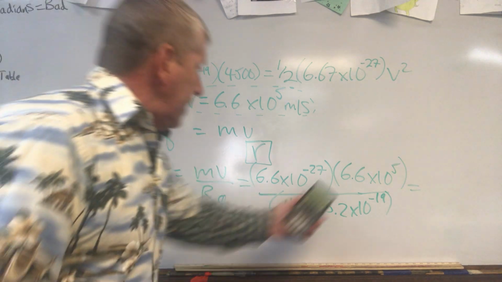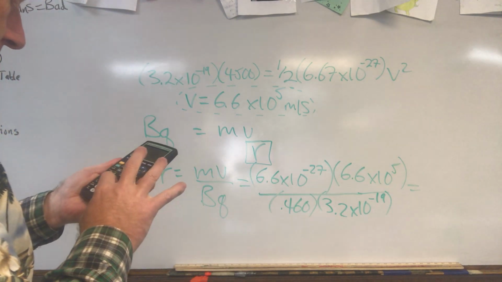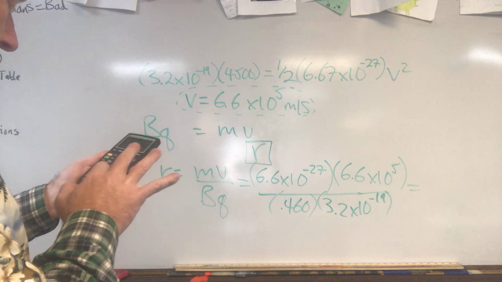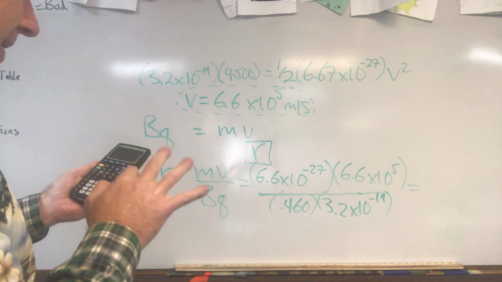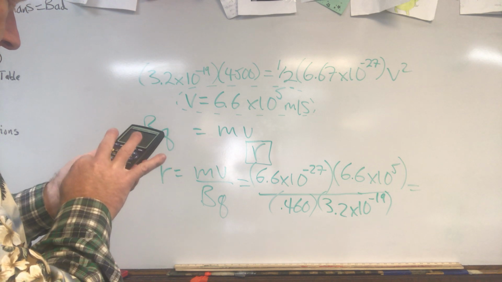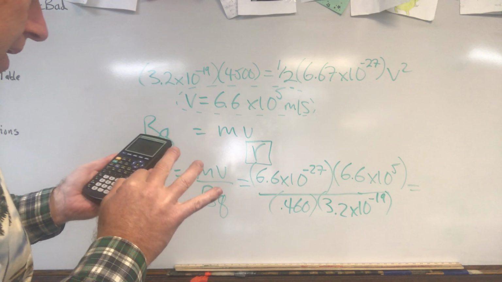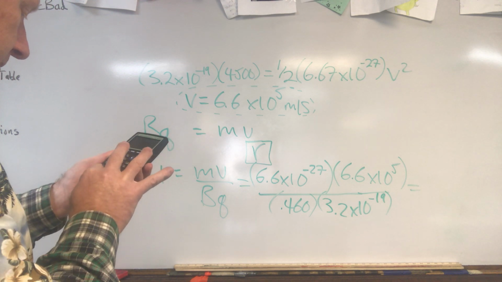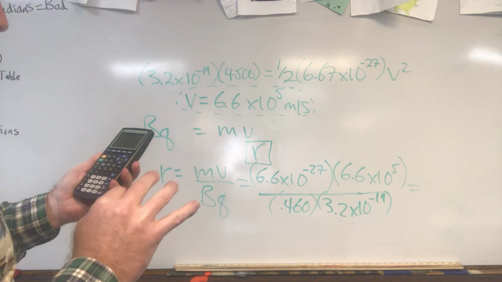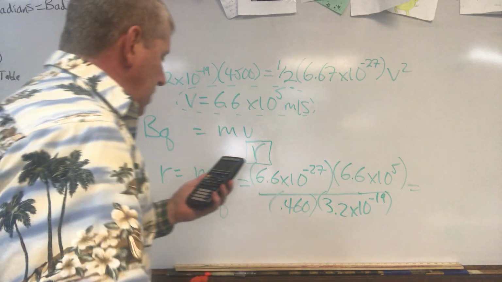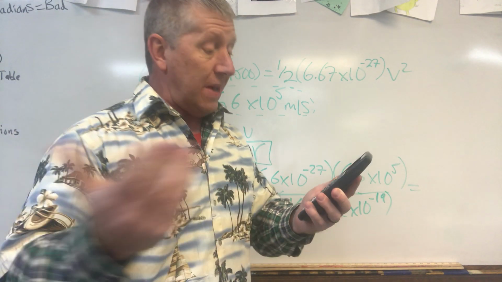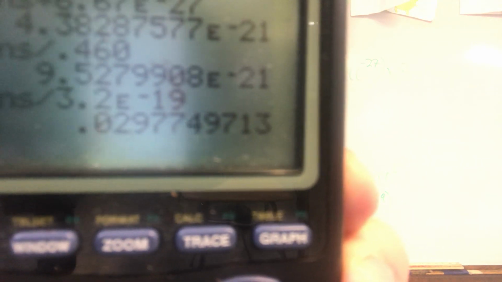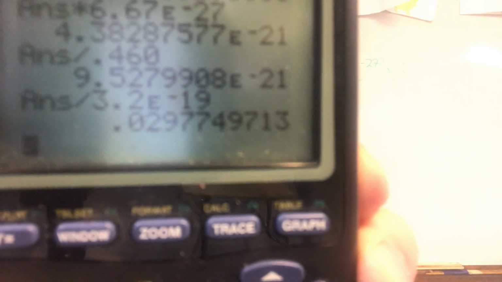So now we're going to take this and multiply it by 6.67, second function, exponent, negative 27, divide by 0.460, and then divide by 3.2, second function, exponent, negative 19, and we get 0.0297, about 0.03.